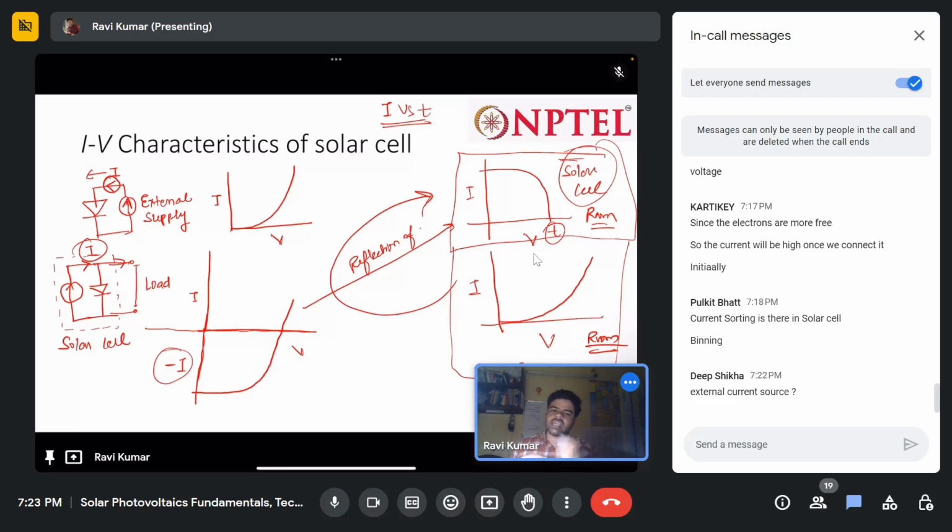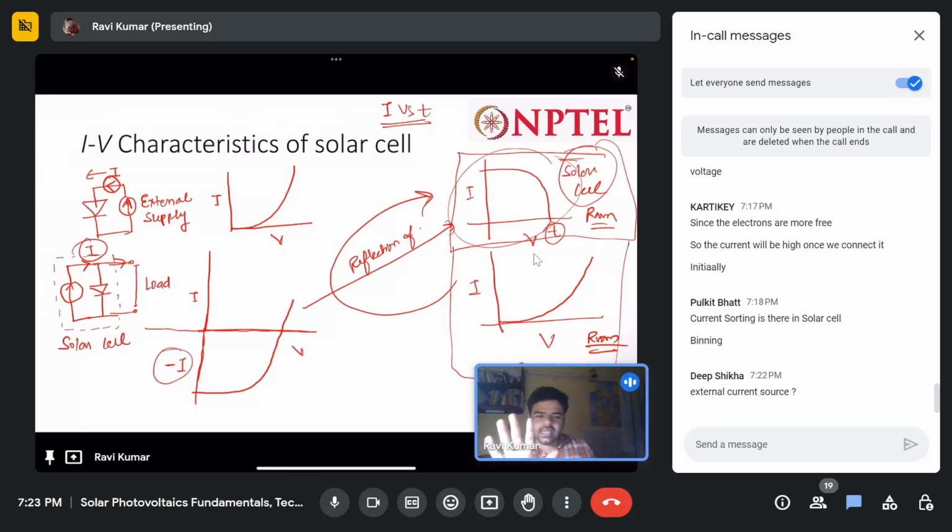If we are giving current to a device, we say positive. So we are getting a current, then our curve will shift down. And for simplicity, we will just take the current coming towards the external source as positive current, and we get this IV characteristics.